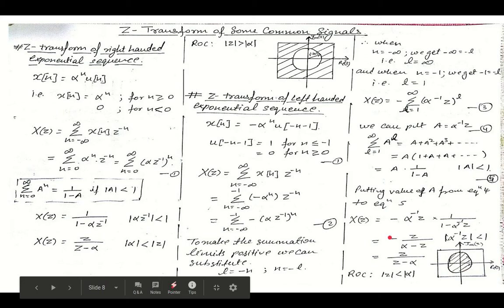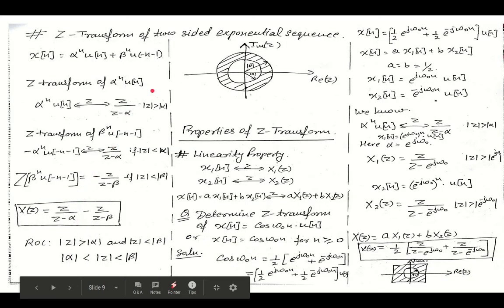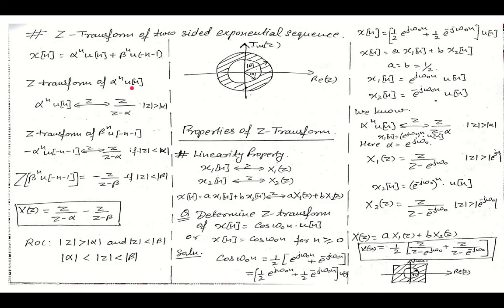Now the next type of signals are two-sided exponential signals. In a two-sided exponential signal we have been given alpha to the power n u of n plus beta to the power n u of minus n minus 1. Now we have seen individually the left-handed sequence and the right-handed sequence.